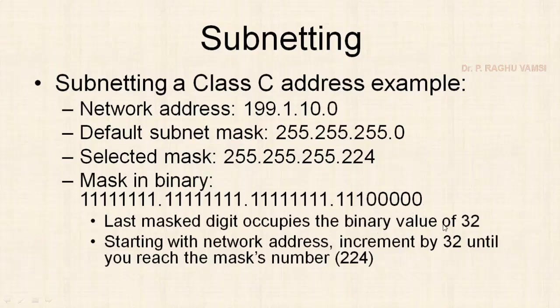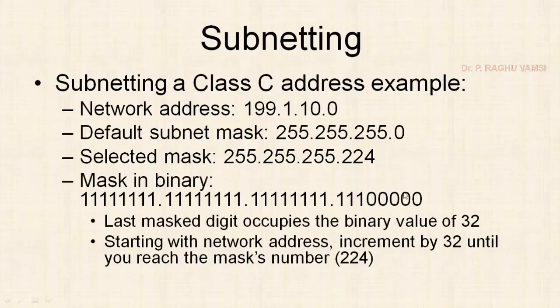That means per one subnet you can create a maximum of 32 IP addresses and allot them to the computers.